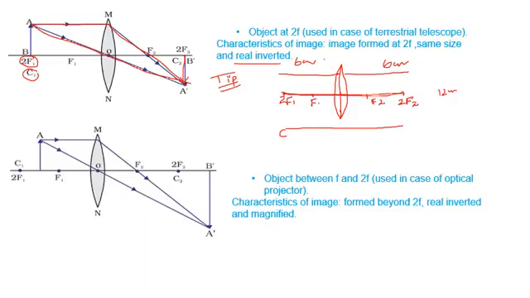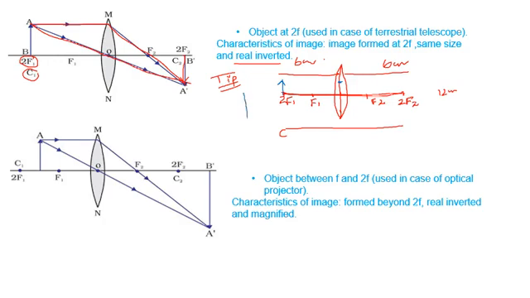Now, there is always a little problem of getting the image at 2F2. It is very difficult to get an image at 2F2. So you have to do a little trick over here. I would suggest you take an object whose height should never be more than half of the lens.